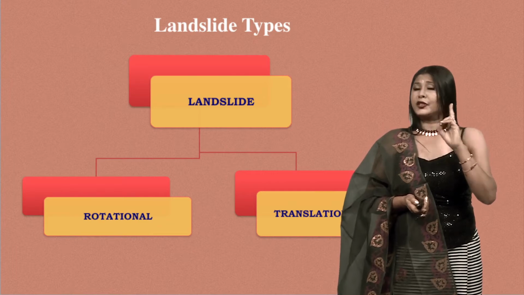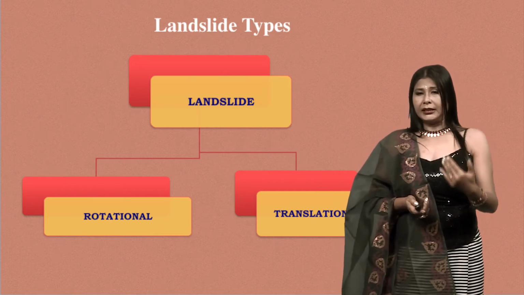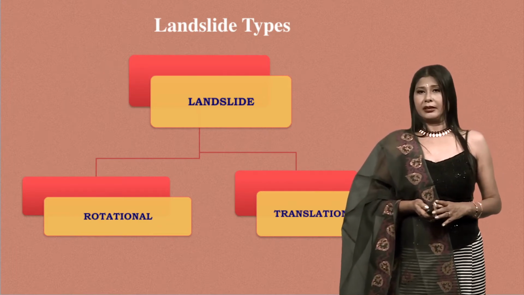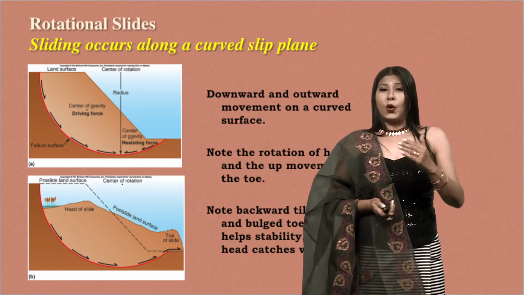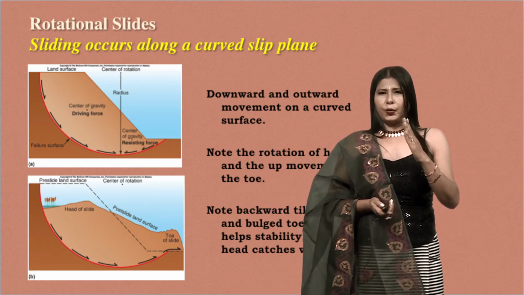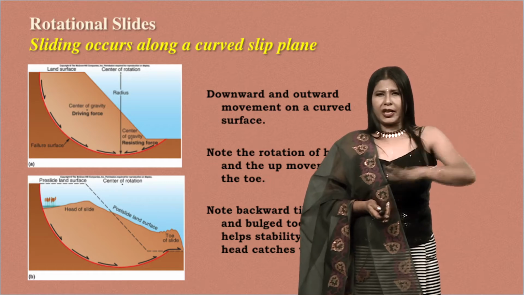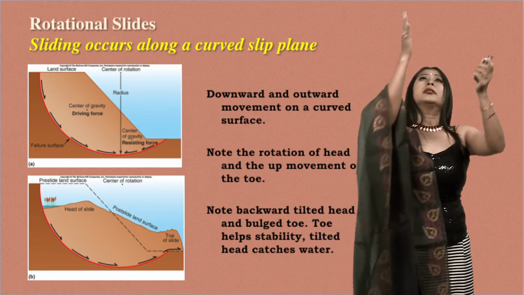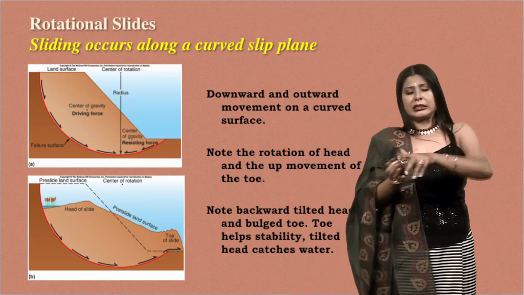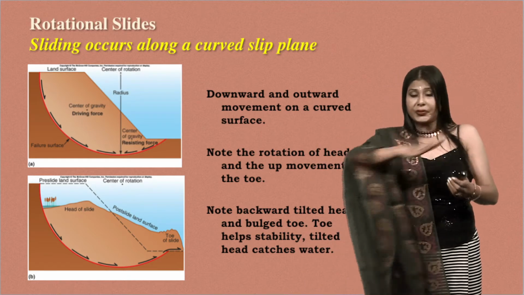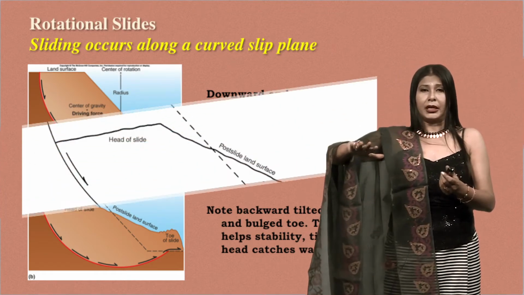Landslide has two types, one is rotational, the other one is translational. Rotational is the downward and outward movement on a curved surface. So, when we say rotational, the sliding material is sliding and rotating. If the slip plane is a curved surface, it is very straightforward.